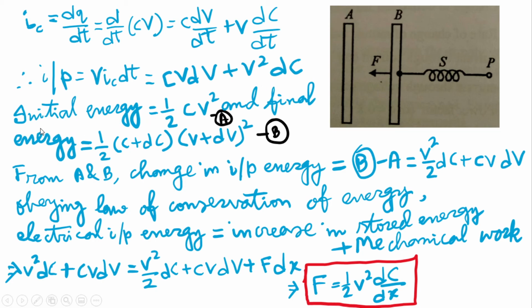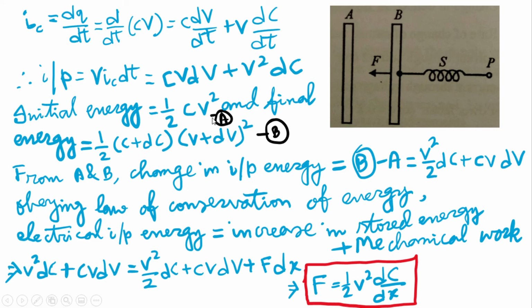So initial energy is what? Half CV square, and final energy is what? Half into C, which is going to change. So when the plate is at the initial position, the capacitance was C. After the displacement towards or outwards from the fixed plate, it will be C plus dC. Similarly, initially the potential difference between them was V. After the displacement, the potential will be V plus dV. So the final energy will be half into C plus dC into V plus dV whole square.